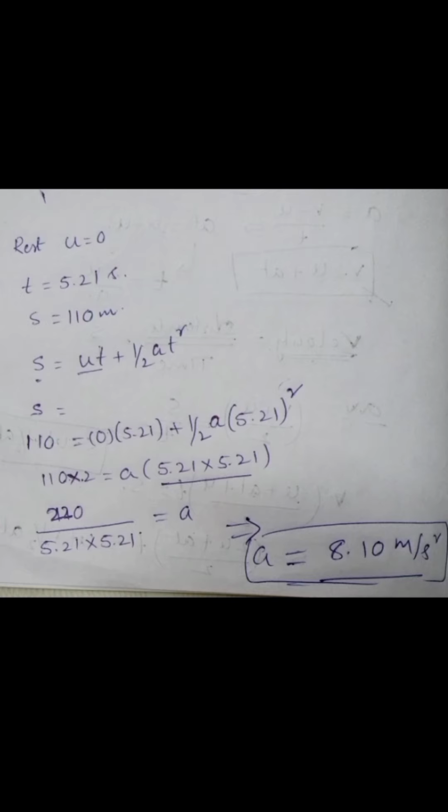Here we use s equal to ut plus half at square. Now we want a. So we substitute all the values: 110 equals 0, since the initial position is rest, so u equals 0. We calculate all these values and finally we get a equal to 8.10 meter per second square. This is the answer to the above problem.